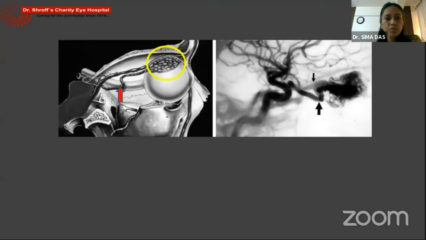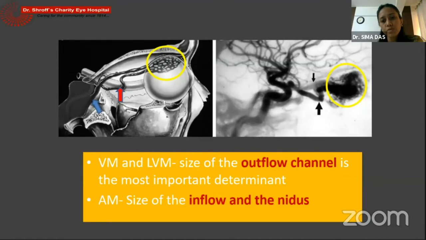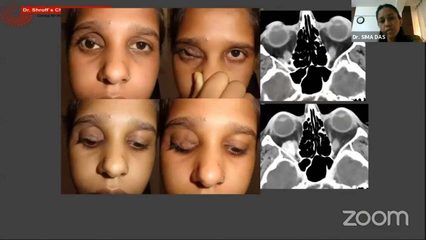It's important to distinguish between them, because in a venous or lymphatic venous malformation, the size of the outflow channel is the most important determinant of what treatment modality we are going to choose and what the prognosis is going to be. And in arterial malformations, the size of the inflow is the most important determinant.